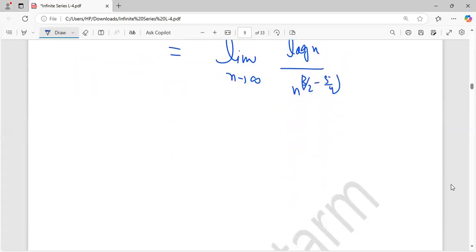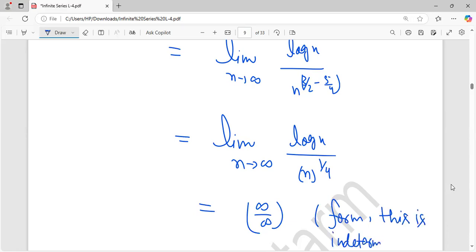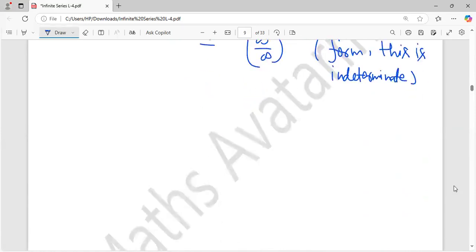So this is limit n tending to infinity log n upon n to the power 1 by 4. So infinity upon infinity form, this is an indeterminate form. Using L'Hospital rule.